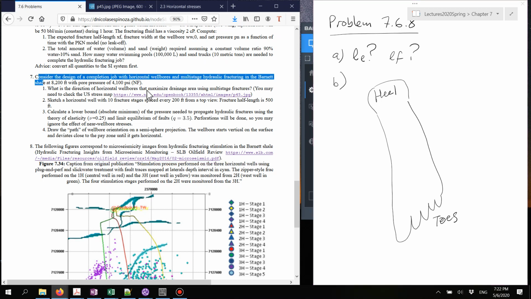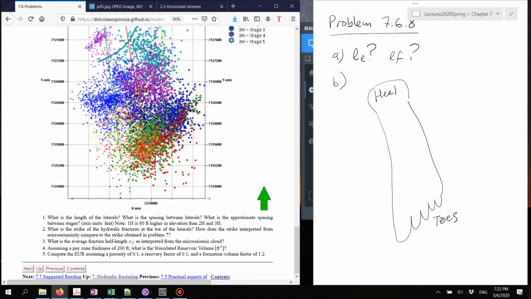So after you solve this problem and you find out what is the ideal orientation of a wellbore at that location and what will be the expected orientation of the hydraulic fractures at those locations, you can compare that with these results and the orientation of this microseismic cloud, where the trend is going to tell you more or less the direction in which the hydraulic fracture is growing horizontally, and it's going to tell you what the strike is.